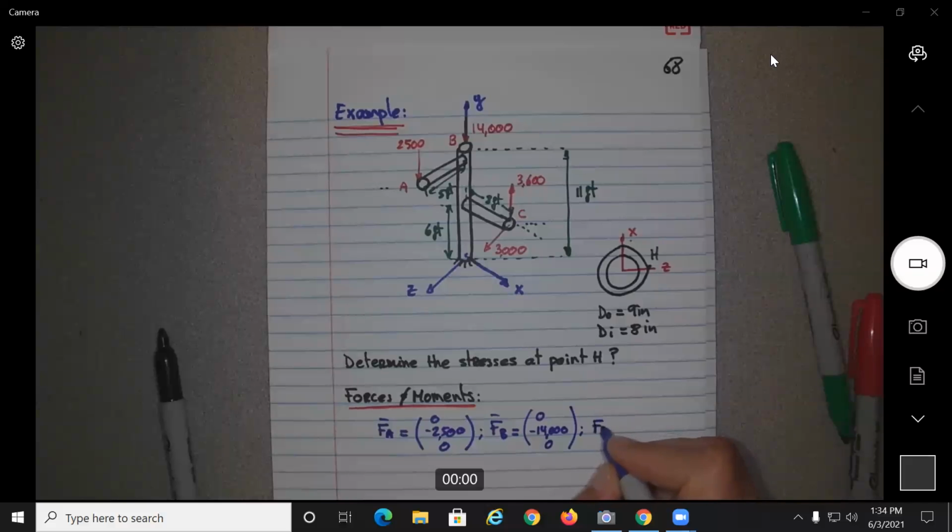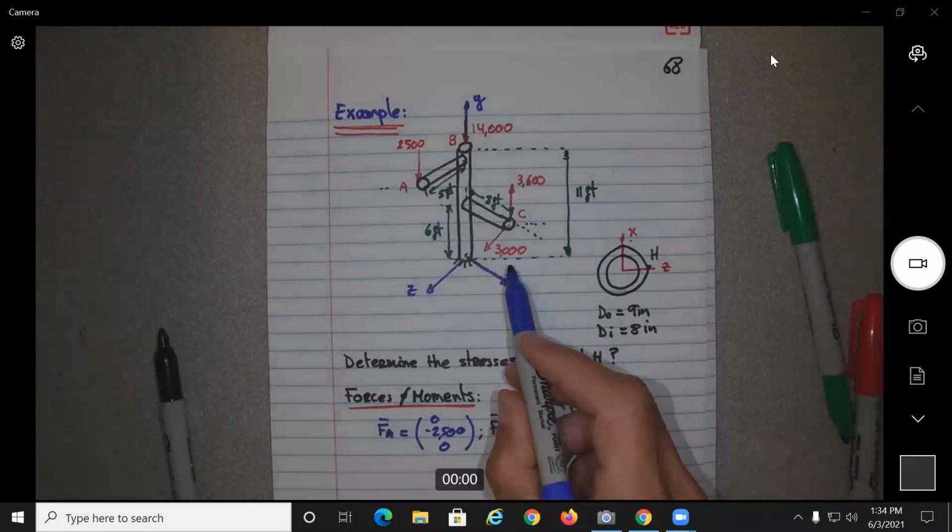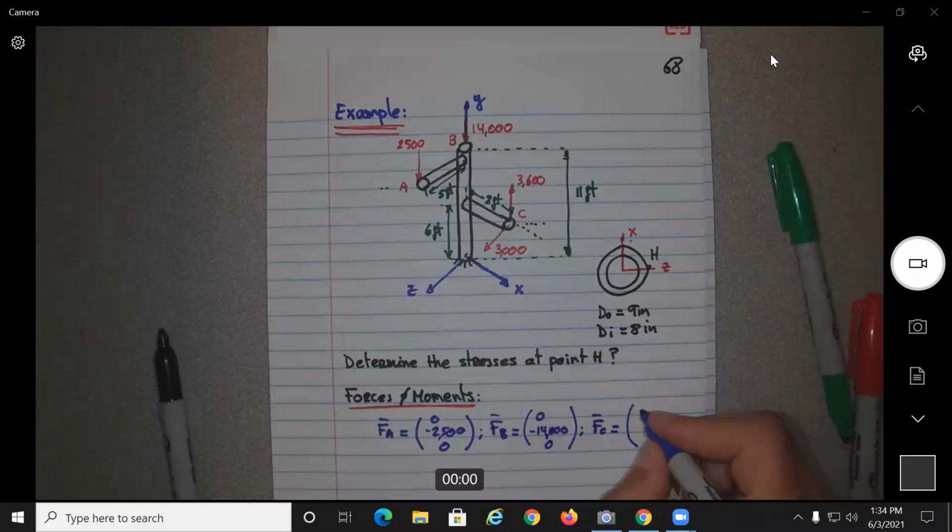And finally, F of C will be equal to what? So there is no X, 0. Now the Y will be equal to 3,600 and the Z to 3,000.